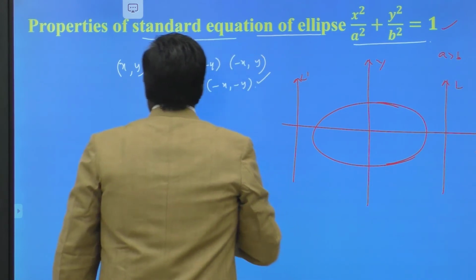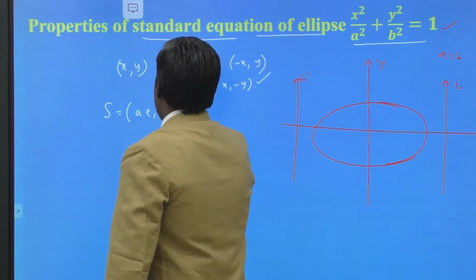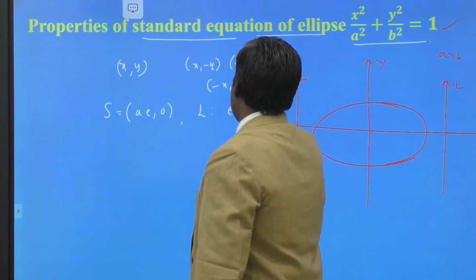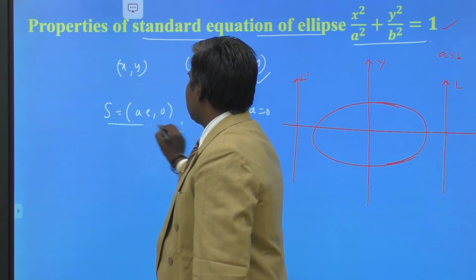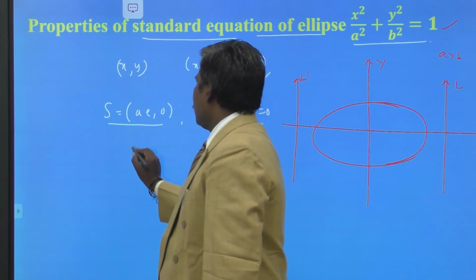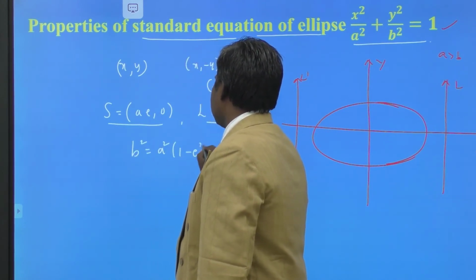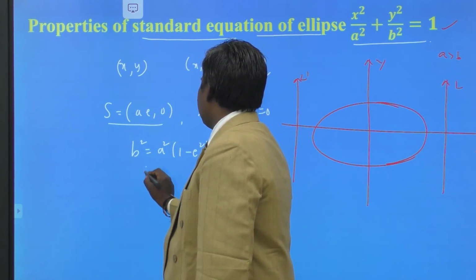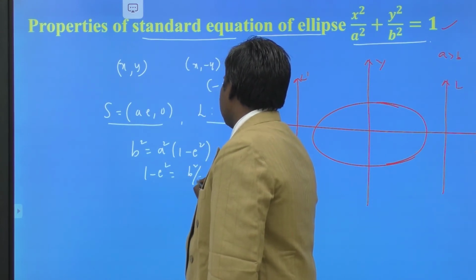Already we have the focus S equal to AE comma 0, and directrix L is EX minus A equal to 0. E is the eccentricity of the ellipse. We have B square equal to A square into 1 minus E square. From this itself we can calculate the value of E. 1 minus E square is equal to B square by A square.